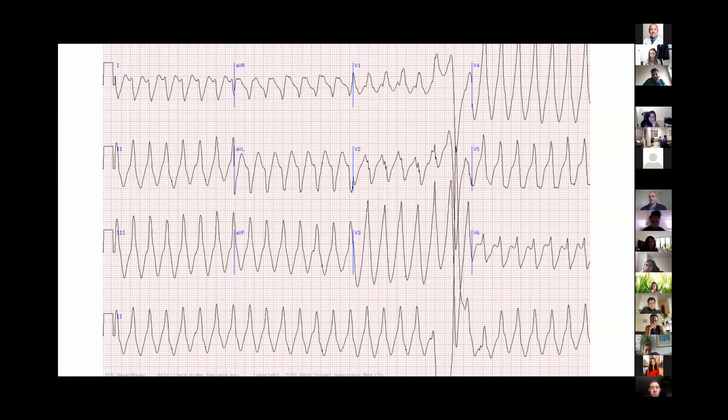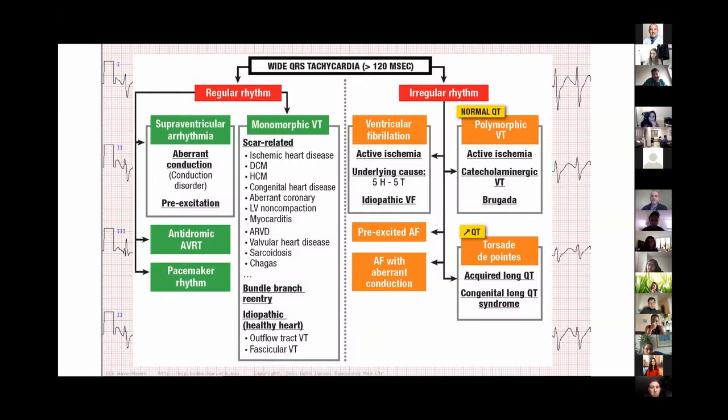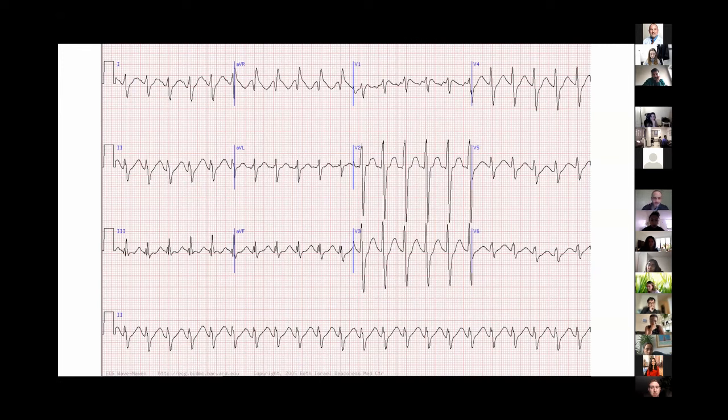Luca, sorry, can I ask a question? In the previous one, in AVF, was there an RSR prime? Yeah, that's how you would call it, based on nomenclature.